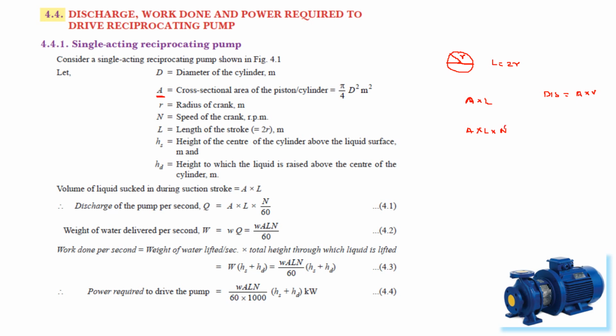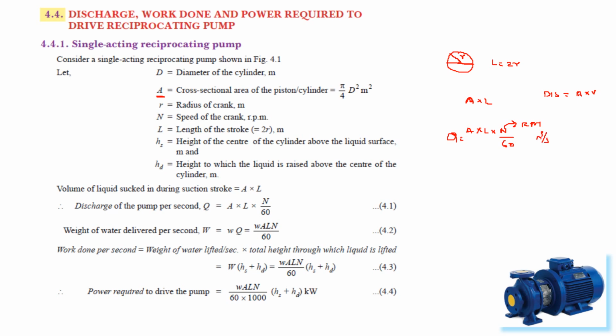The speed will be in rpm, rotations per minute, so I am converting into seconds, rps. Area, length and speed, now it is the discharge.